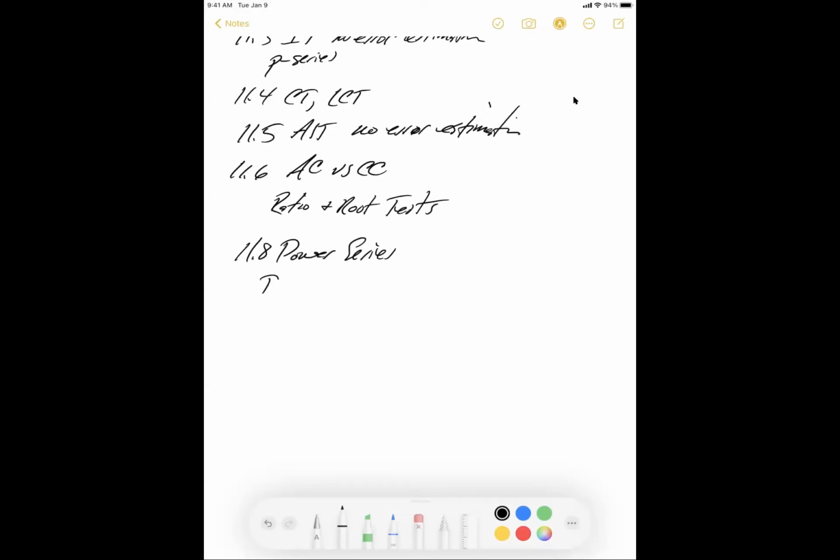So you need to be able to find the radius of convergence and the interval of convergence.